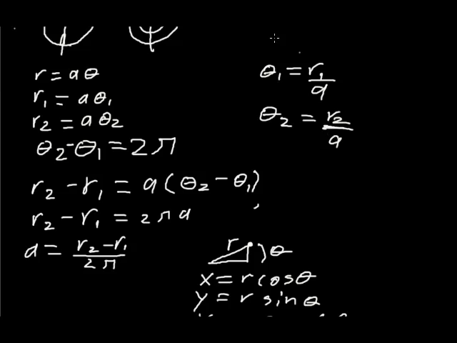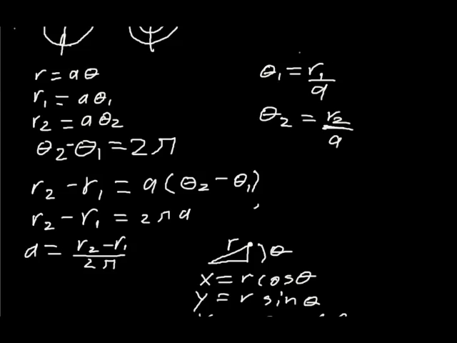So what we did up here is we took as our inputs your minimum and maximum radii, and we found functions for your constant of proportionality A and your starting and ending angles.